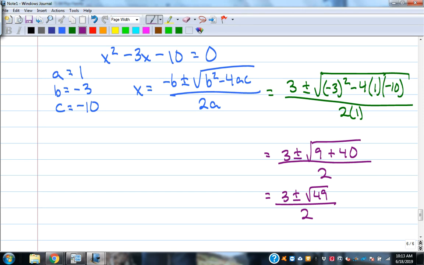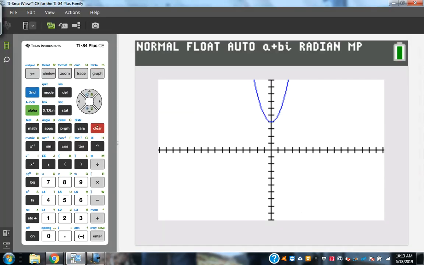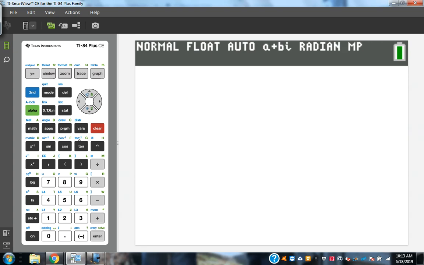If I'm typing this in the calculator, this regular calculator screen, make sure you use parentheses around the b squared minus 4ac stuff. Okay, so I'm working out the inside of the square root, minus 4 parentheses 1 parentheses -10. Make sure you're using parentheses.